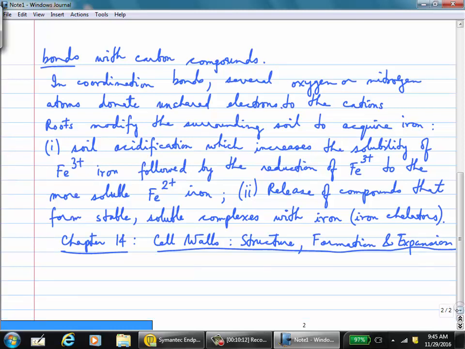Now, as I indicated earlier, an important difference between plants and animals is that the plant cells are enclosed inside a rigid cell wall, right? So plant cells are enclosed by a rigid cell wall.